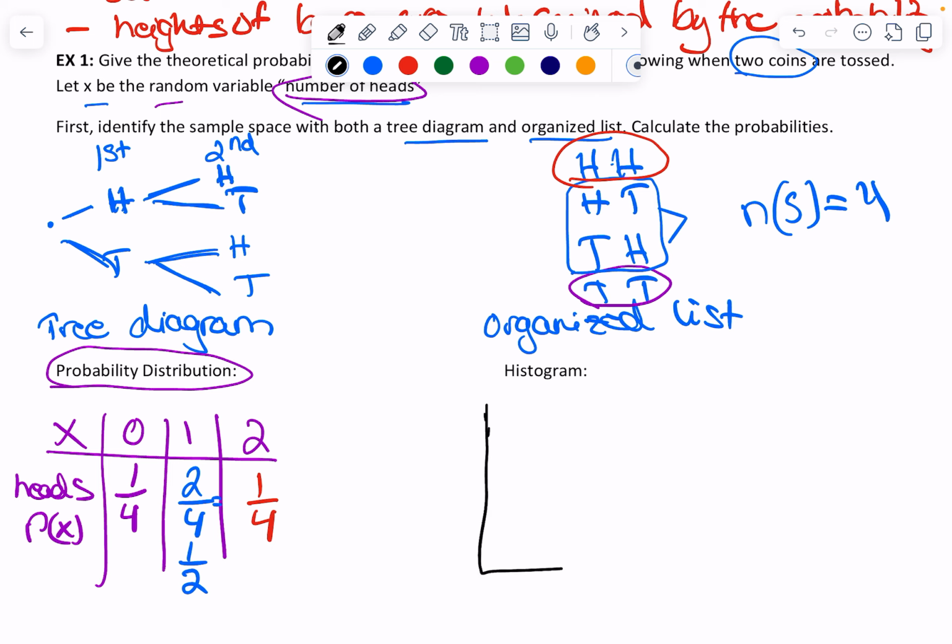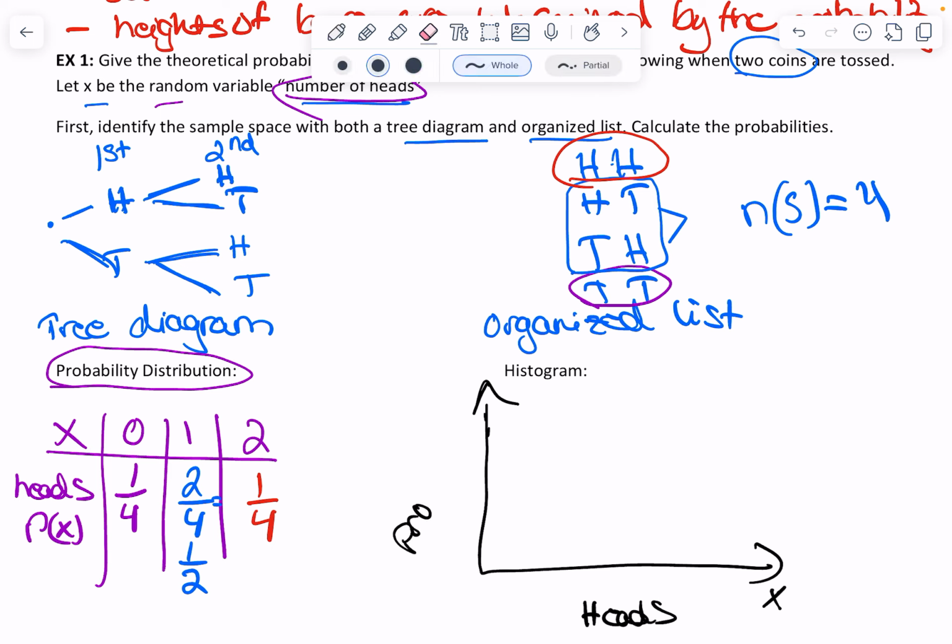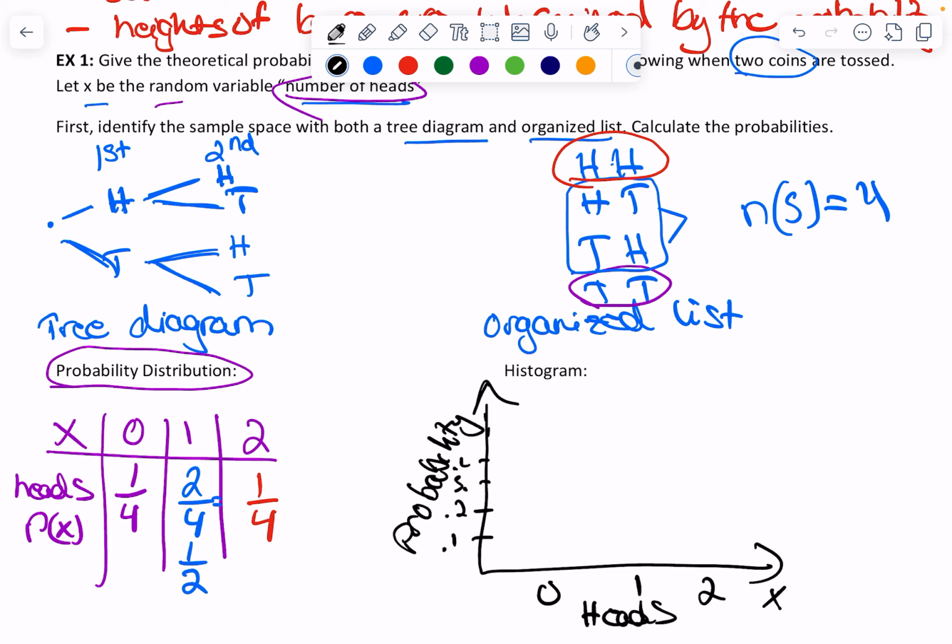Okay, next let's graph a histogram here. So again, we've got heads, and this one is the probability. So our options are 0, 1, and 2, and then our probabilities, we're going to do 0.1, 0.2, 0.3, 0.4, and 0.5.